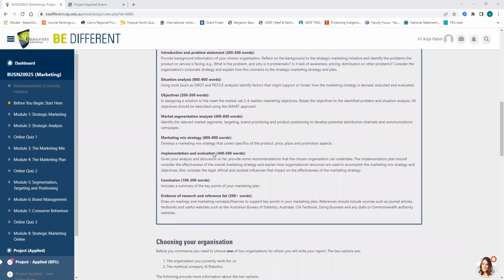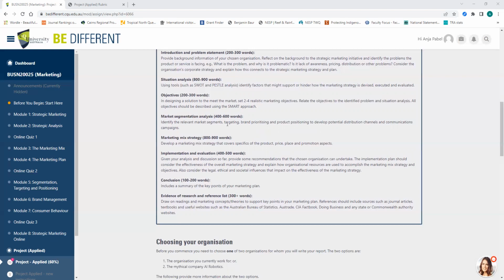Then a market segmentation analysis should clearly identify the relevant market segments that the marketing plan is trying to speak to. Targeting is really important as well. You can't be everything to everyone in the market, because obviously we don't have unlimited financial resources and unlimited human resources. So we need to be quite targeted in who we want our marketing campaign to actually include.